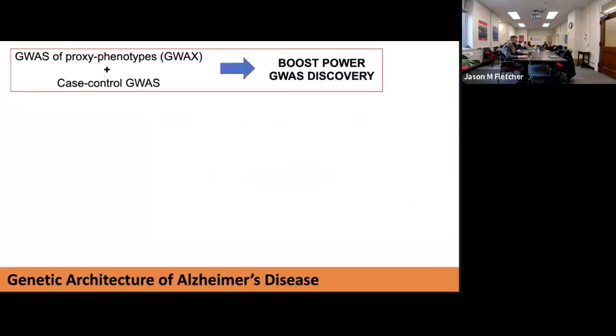So genome-wide association studies of proxy phenotypes using family history of disease, parental history of disease, can substantially boost power when combined with traditional case control GWAS. This has been particularly relevant in the context of Alzheimer's disease and other relatively rare diseases.